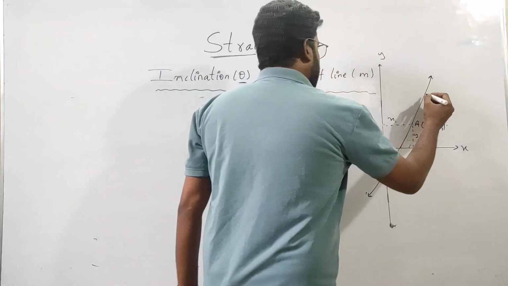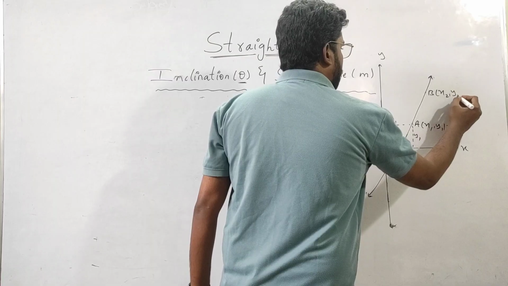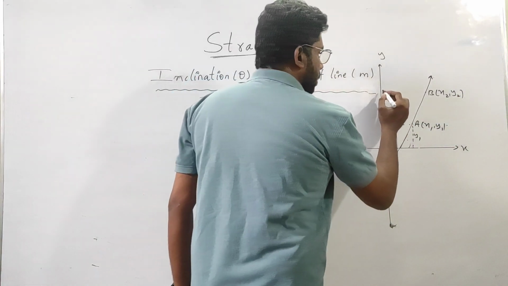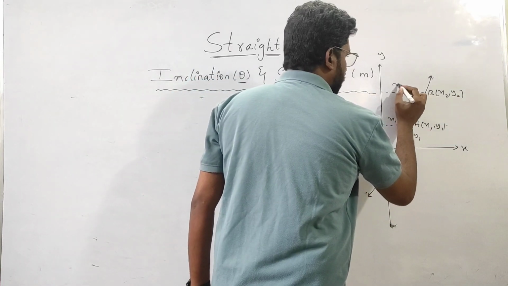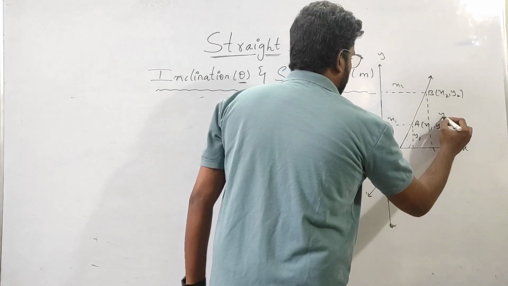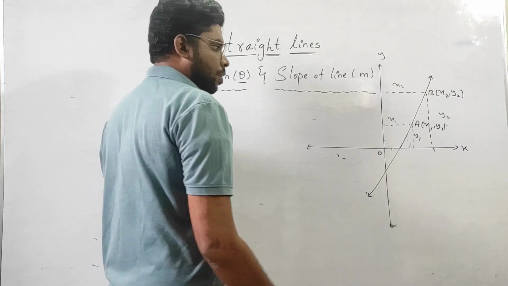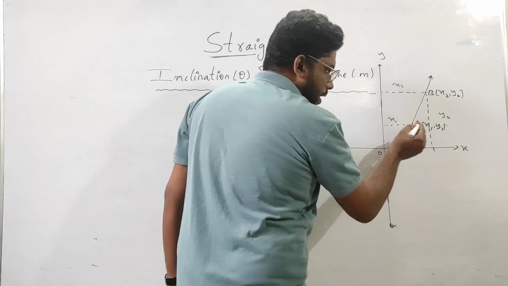Now another point we'll consider, this is the point B, x2 comma y2. This distance is x2 and this distance is y2.